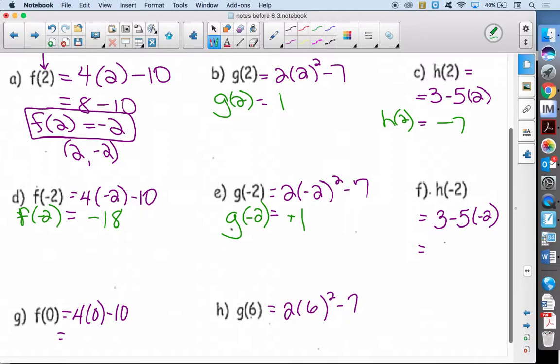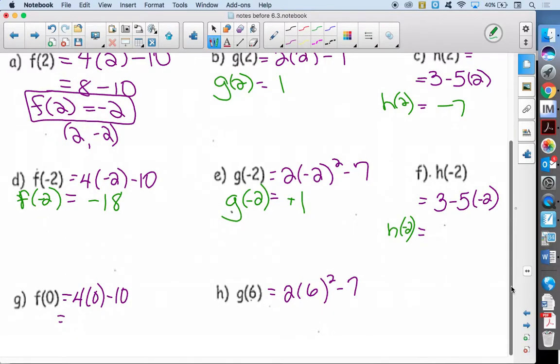And then, Grace L, how about letter F? H of -2. So it'd be 3 minus 5 times -2. So if you multiply -5 times -2 first, what do you get? That gets 10.